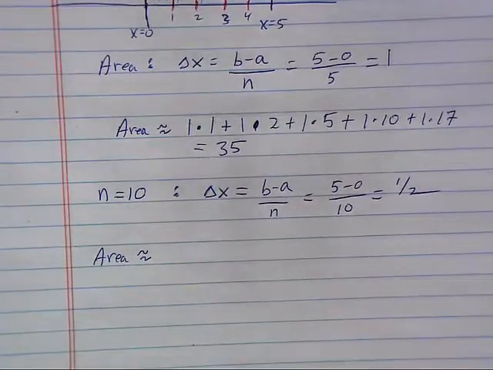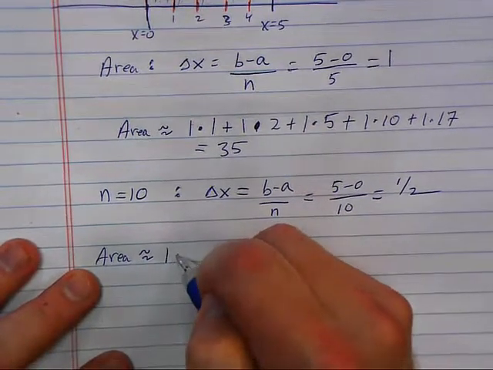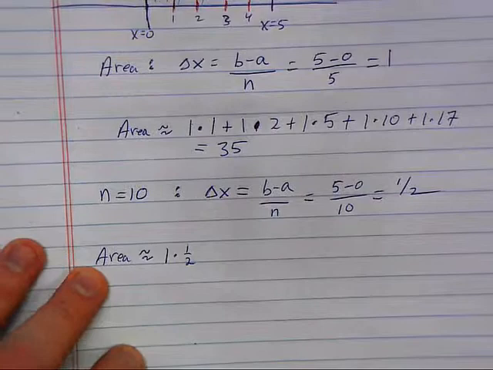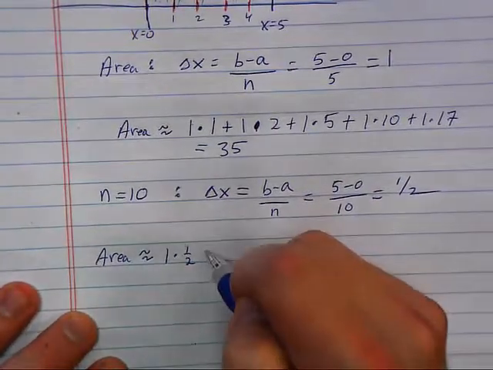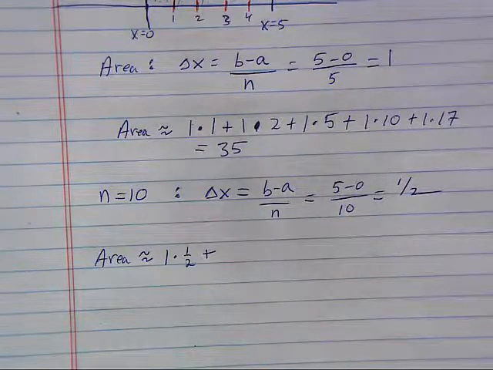what's the height of the first rectangle? 1. Why is the height of the first rectangle 1? You plug in 0. So it's going to be 1, and the width is a half. Plus, how tall is the second rectangle? How'd you get 1.25?